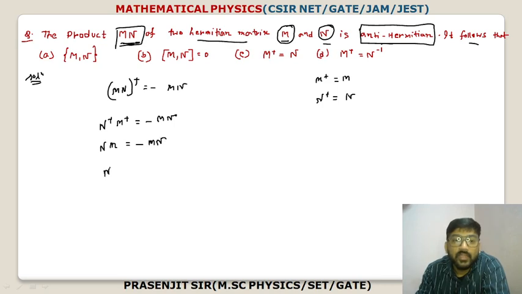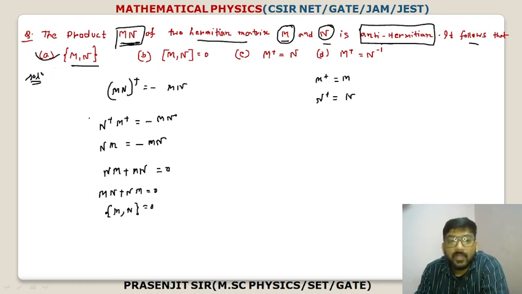So ये हो जाएगा NM plus MN is equal to 0, or you can write this MN plus NM is equal to 0. And remember this MN plus NM is just this. So this is our answer, but don't confuse with this because this is just a commute relation.